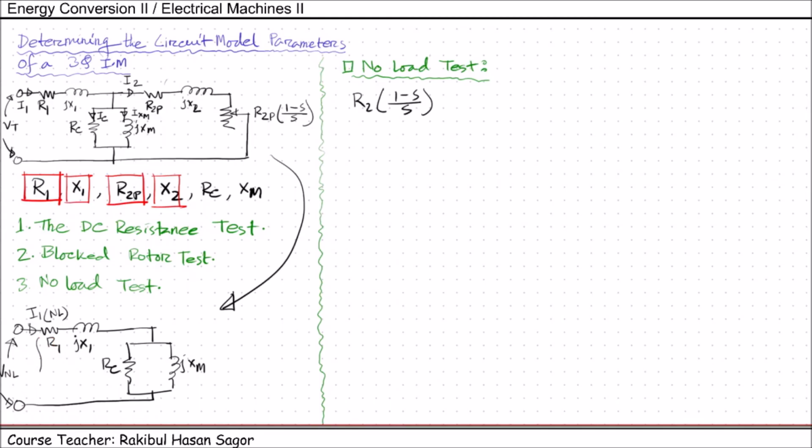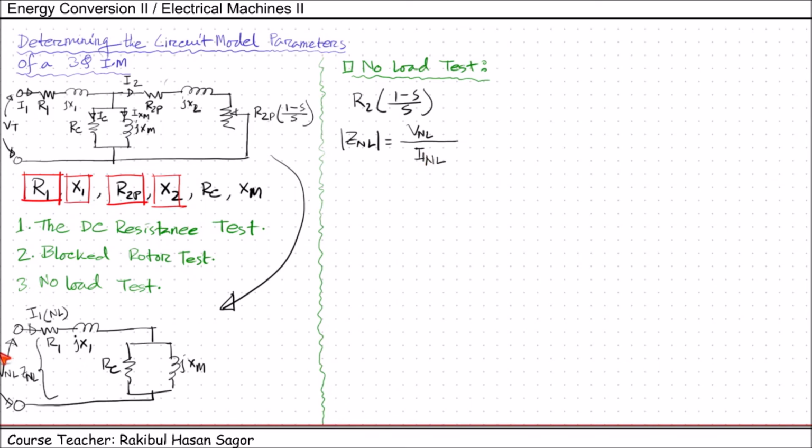Now if we consider the total impedance under no load condition, looking from this side, as ZNL, we can write the magnitude of ZNL equal to V no load, that is the rated voltage, divided by I1, the current flowing through the circuit, which can be measured using an ammeter. And this V no load can be measured using the voltmeter connected with the motor terminals. So ZNL will be equal to VNL over I1 NL.